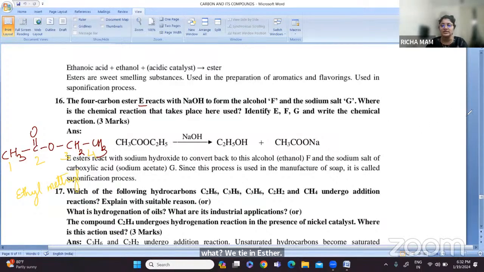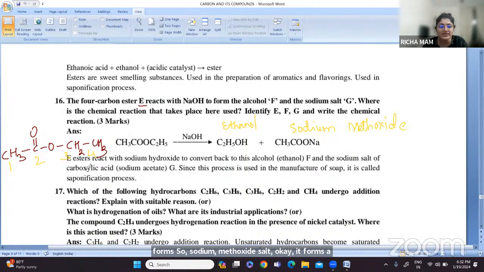Fine. So this ethyl methyl ester reacts with sodium hydroxide to form F. What is F? F is your ethanol. And what is your G? It forms sodium methoxide, a salt of sodium methoxide.